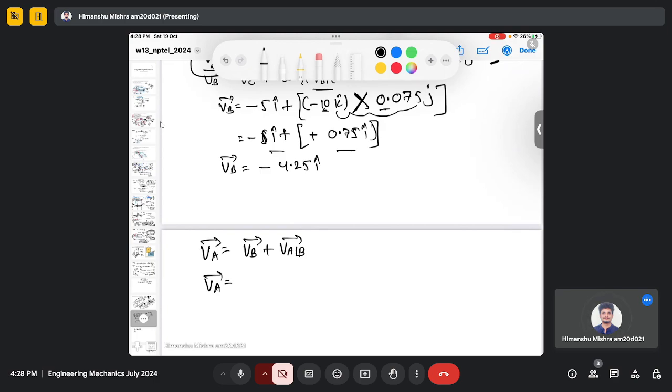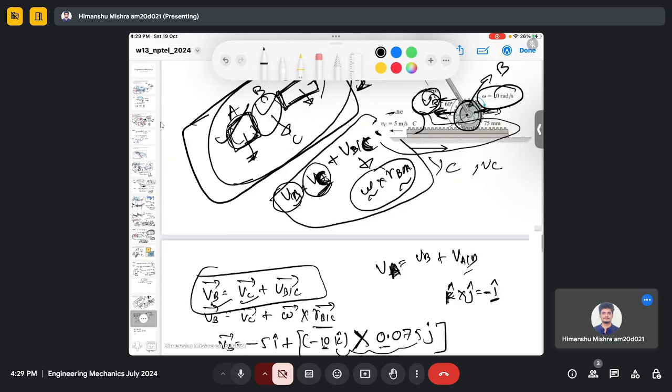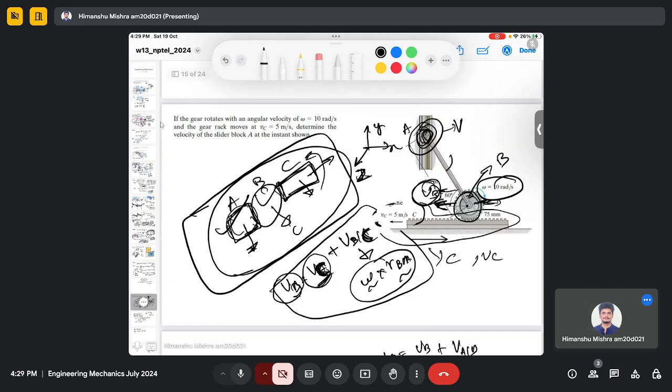So VB is minus 4.25 in the i direction, and this is omega cross position vector A cross B. This omega is now the angular velocity of this rod.